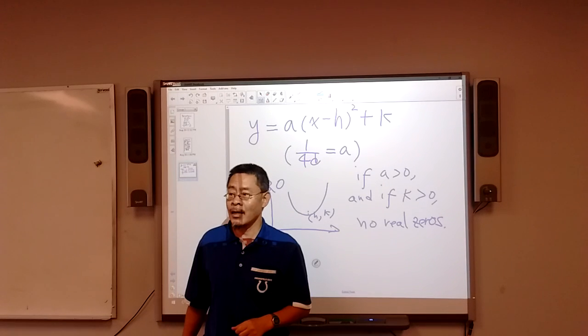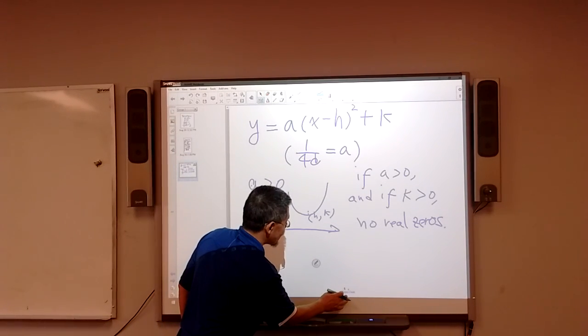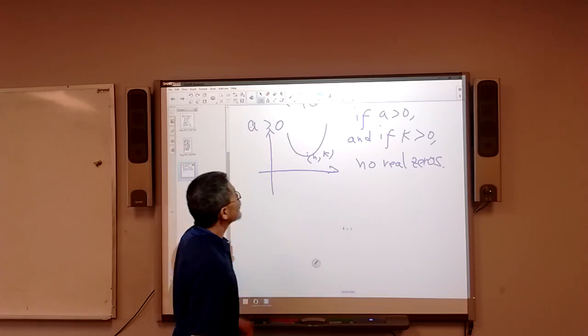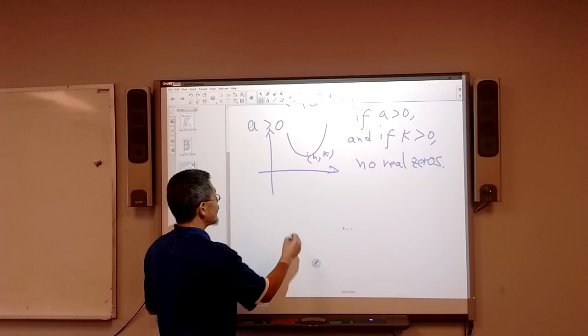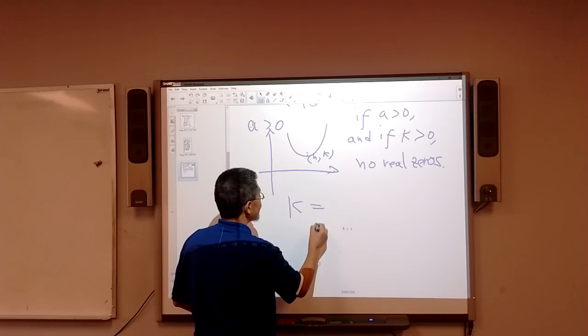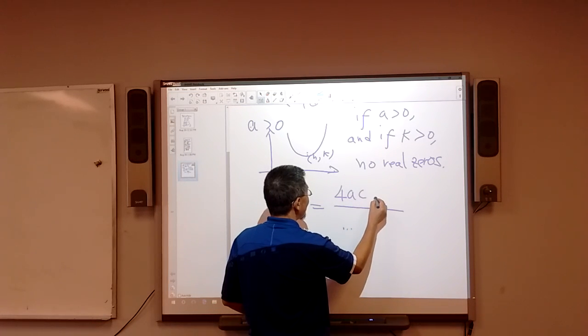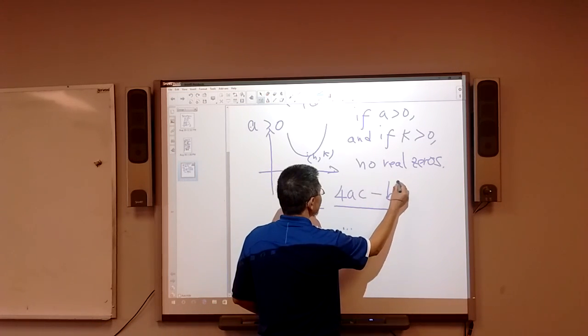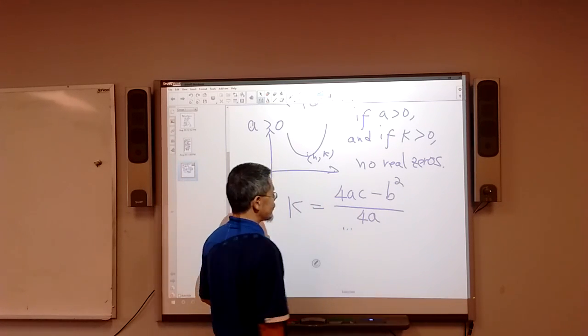But how do we figure out k? Remember what our k is? k is y, equal to what? 4ac minus b squared, over 4a, right?